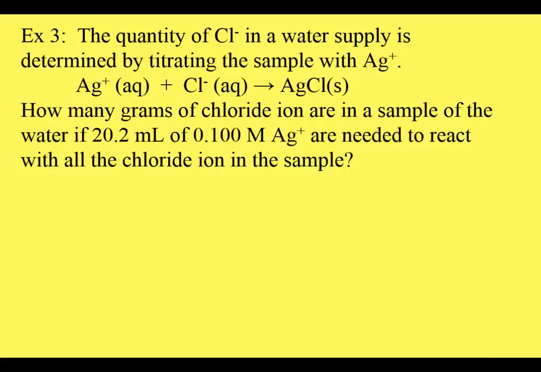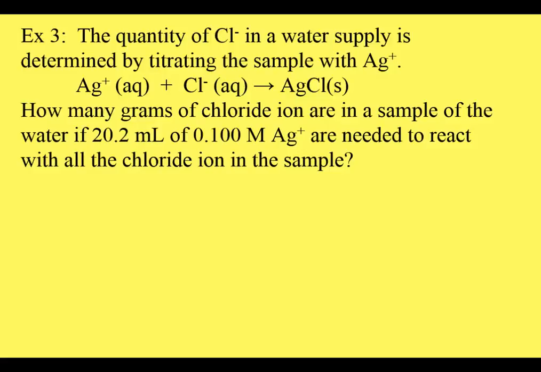Example 3. Rather than an acid-base titration, this titration problem involves trying to figure out how much chloride is present in a water sample. It says the quantity of chloride ion in a water supply is determined by titrating the sample with silver +1 ions.